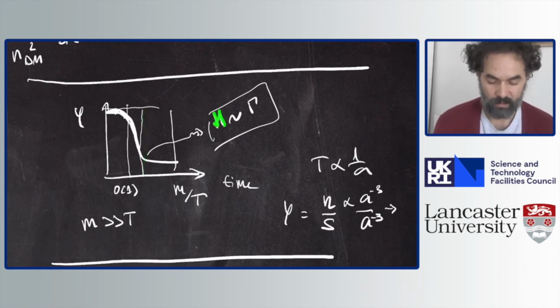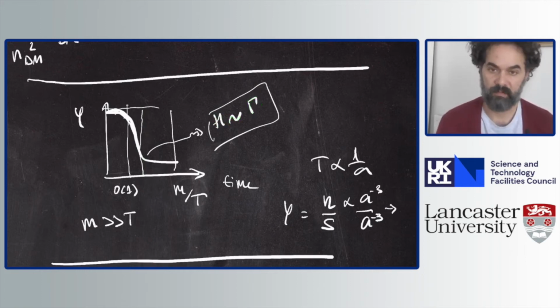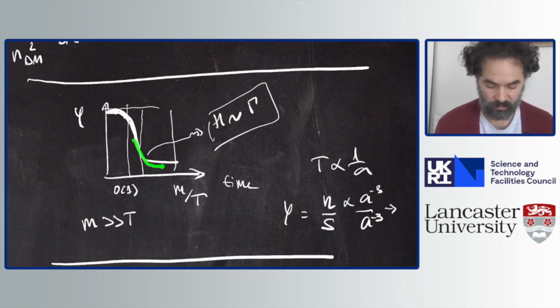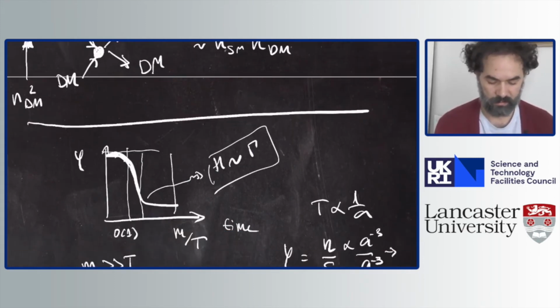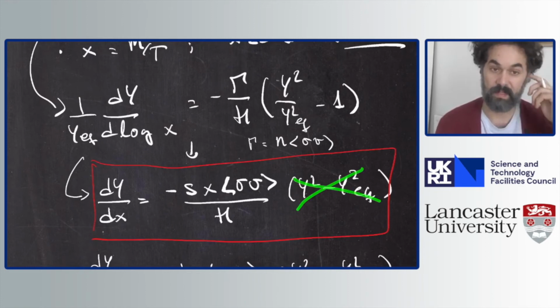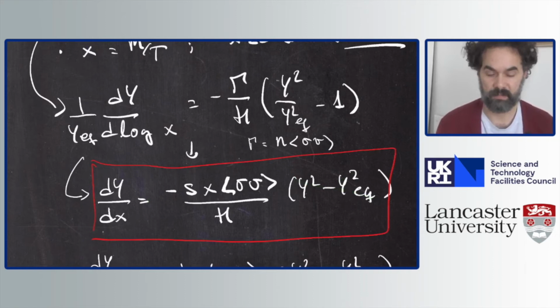When H is of the order of the cross section, so when you expand faster than the rate at which you interact, you are no longer in equilibrium, then you can forget about this part, and the yield is again constant. So you see, you have this equation dY/dx equals 0.